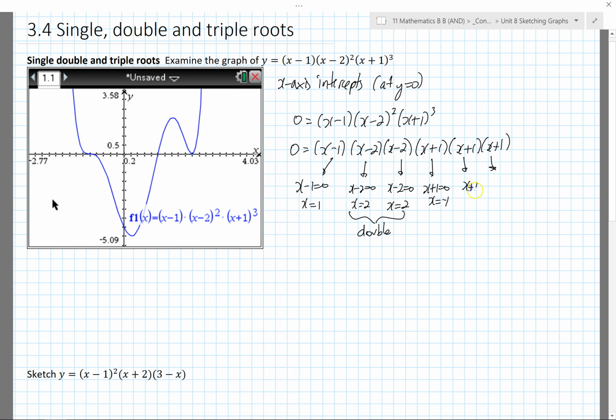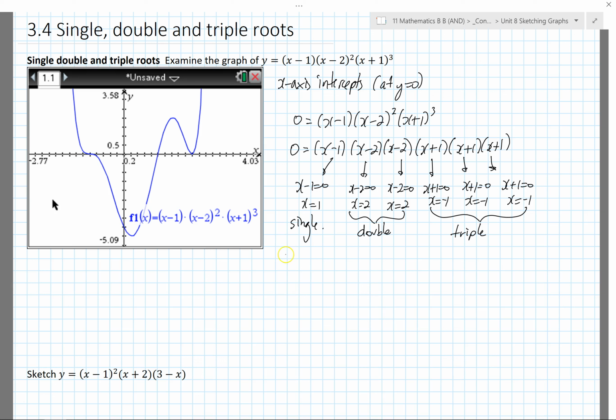And I'll get x equals minus 1, I'll get it 3 times. So the idea is single, double, and triple roots. It's referring to how many times that solution or that intercept occurs.